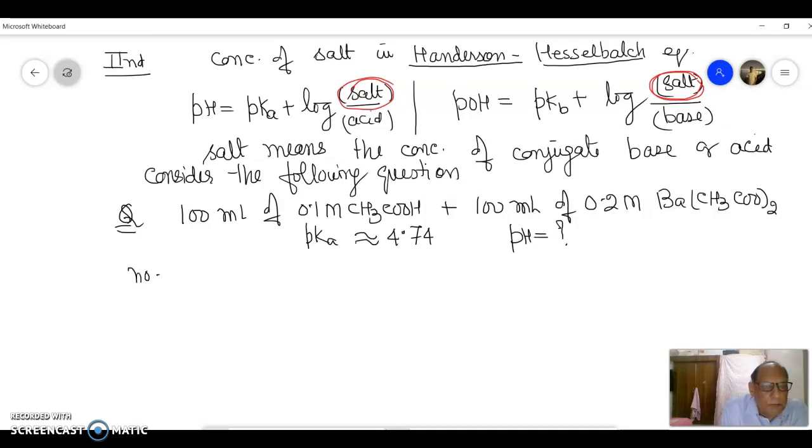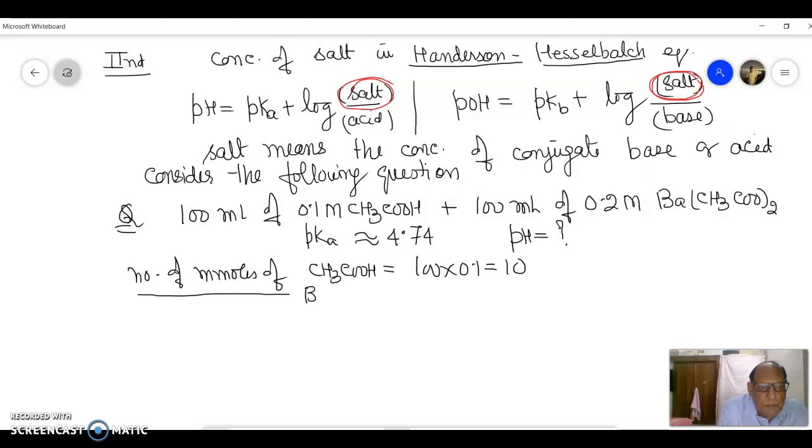The number of millimoles of acetic acid is equal to 100 into 0.1, that is 10, and similarly the number of millimoles of barium acetate is equal to 100 into 0.2, that is equal to 20.